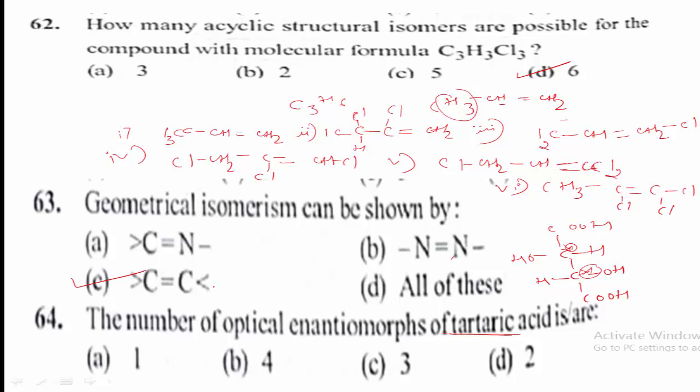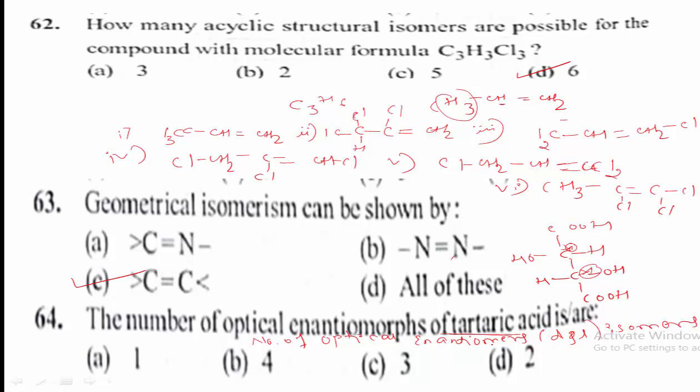Yes, now another thing I write here, number of optical enantiomers. The enantiomers are observed in the presence of D and L, dextro and levorotatory isomers.